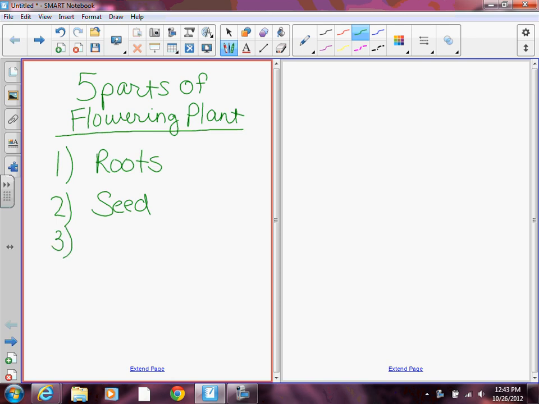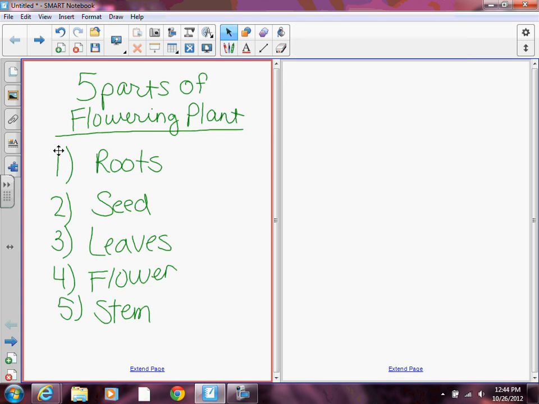Angel, leaves. Adam, flower. And last but not least, Patty, Madison. All right. These are the five main parts of a flowering plant.